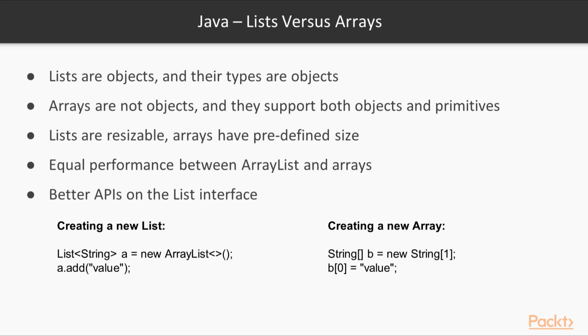An array, however, has to be declared with a precise size that it can grow to, which in our case is 1. If you had added a second element to the array list, everything would go fine. However, if you attempted the same operation on the array, you would get what's called an array out of bounds exception, since you would be trying to access a memory location which has not been assigned to the given array.